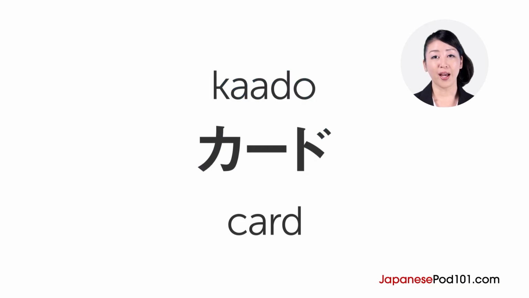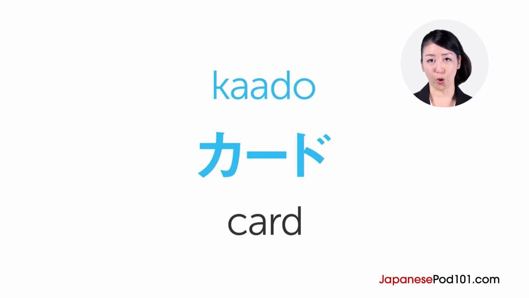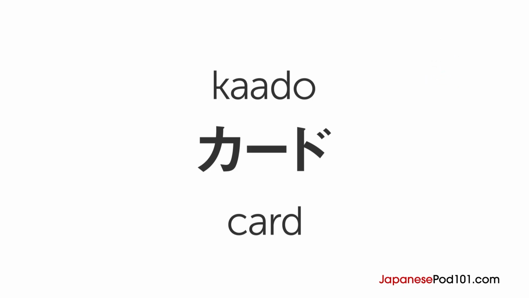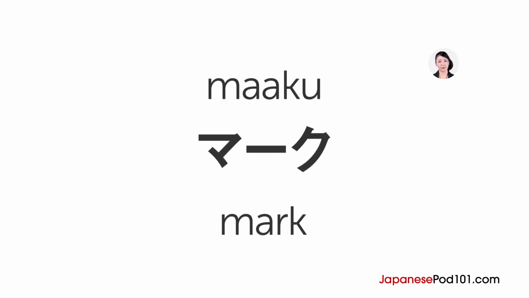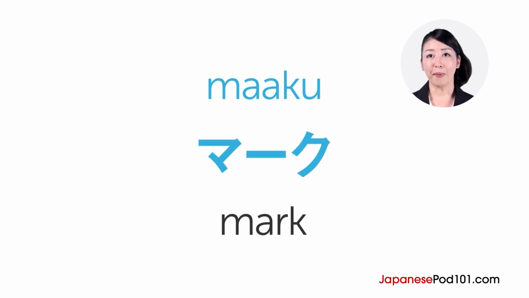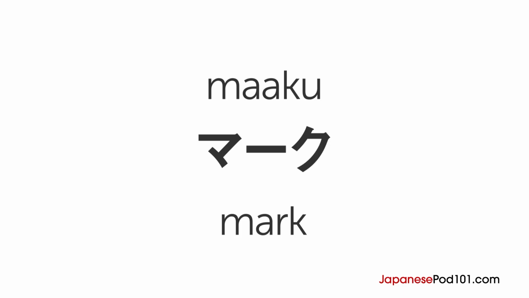Kaado. When writing in katakana, this mark indicates that you need to prolong the vowel of the preceding syllable. In this case, the vowel A in ka should be twice as long to get kaado. The next example is the word for mark. Maaku. You need to lengthen the vowel A in ma to get maaku.